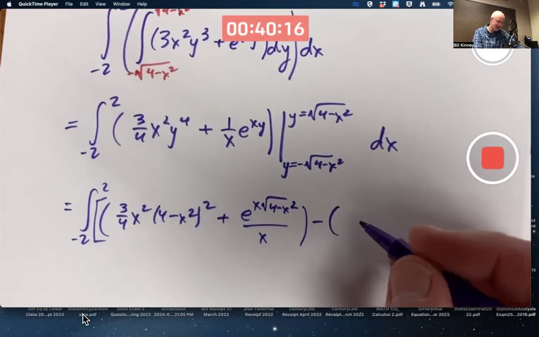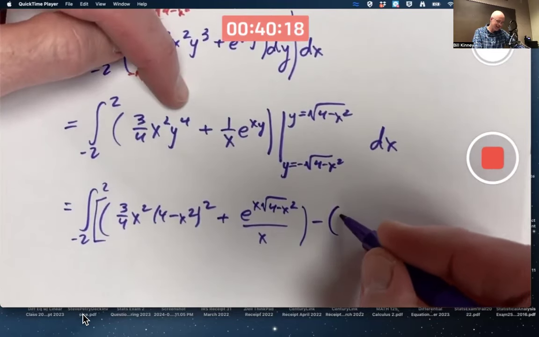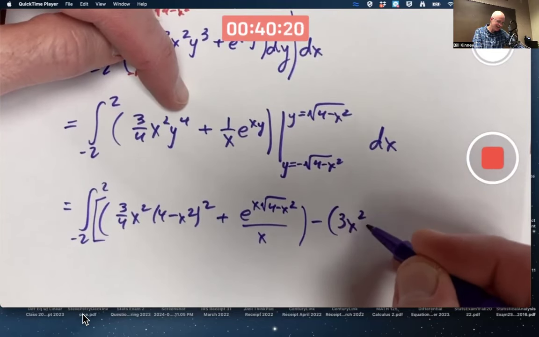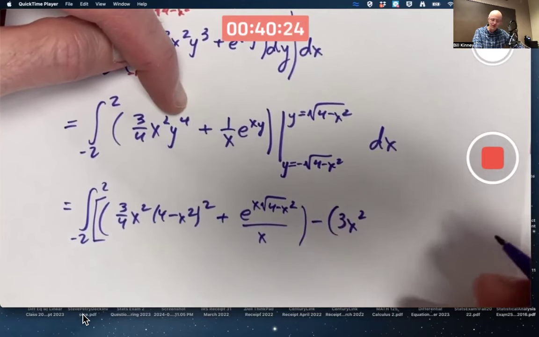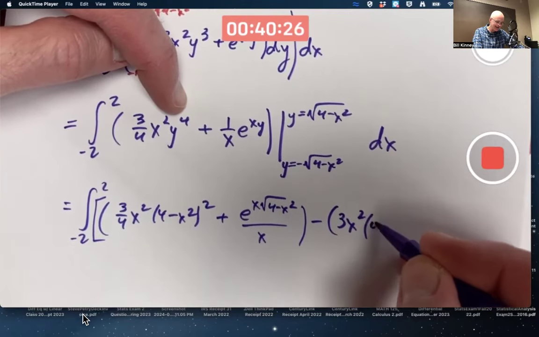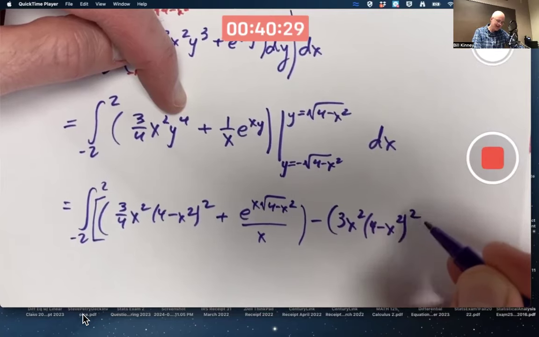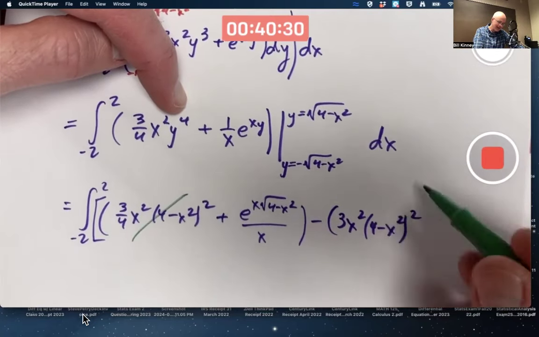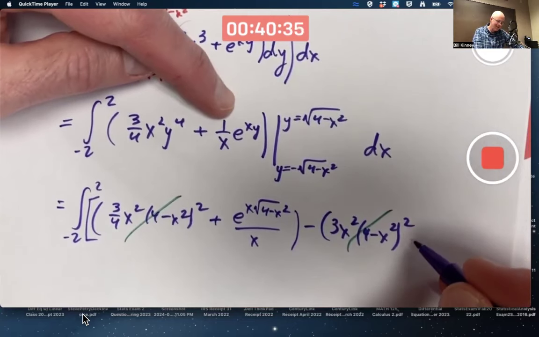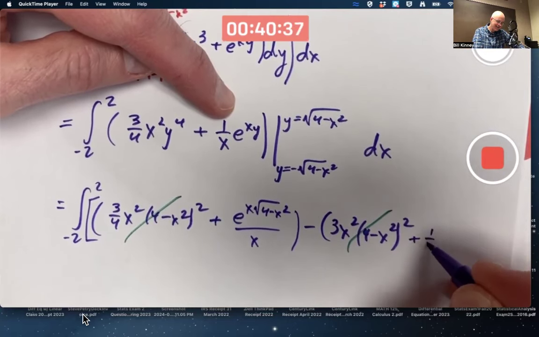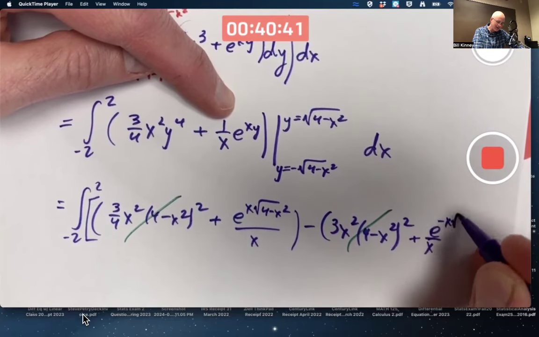Start over. Okay. Plug in the other one. Including with the negative sign, if I raise it to an even power, the negative is going to go away. Ultimately, this will cancel with that. Plug it in there. Get e to the negative x squared of 4 minus x squared.